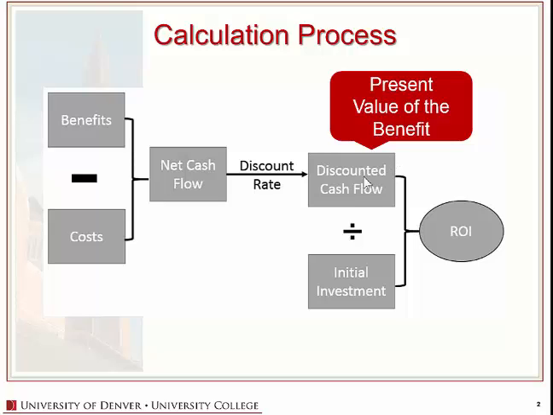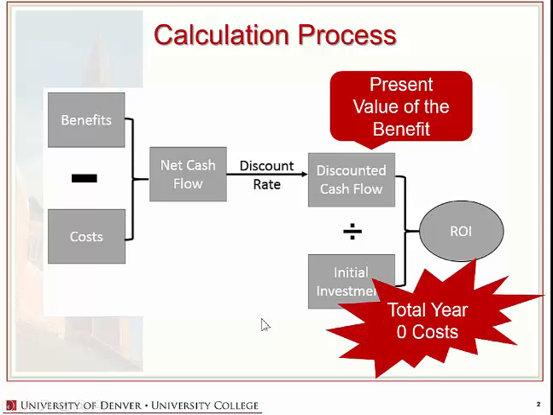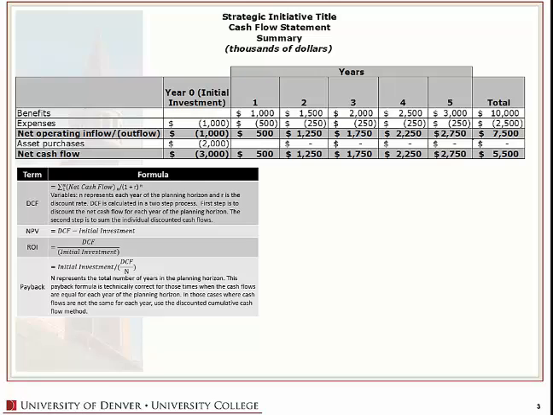We take that present value of the benefit, divide by the initial investment to come up with the return on investment. Again, the return on investment is probably the most important number in business. It's a number which many decision makers look at for projects and to decide whether or not those projects are worth the time and the effort. So let's take it through step by step.